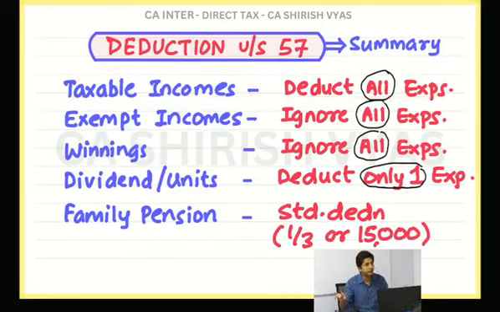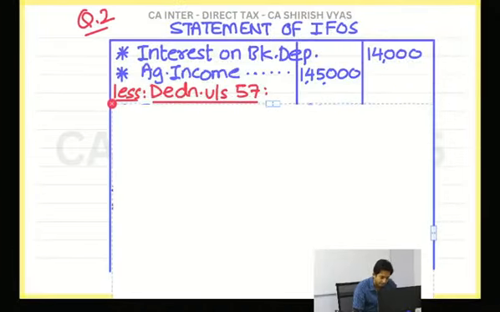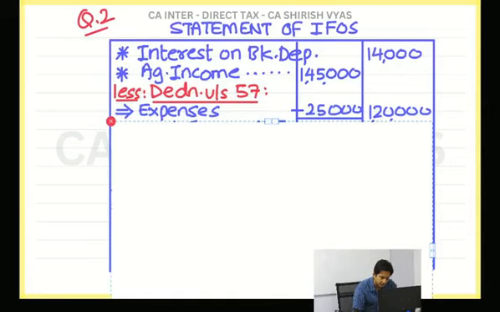So deduct the expense. If you want to deduct the expense, first write it in the inner column, and then with a red pen you will write: less deduction under section 57. In the exam a red pen is not allowed, but in your class, while preparing your notes, please use a red pen.